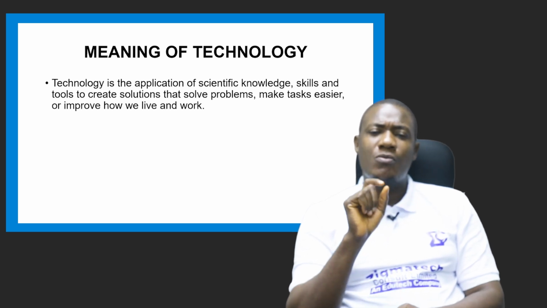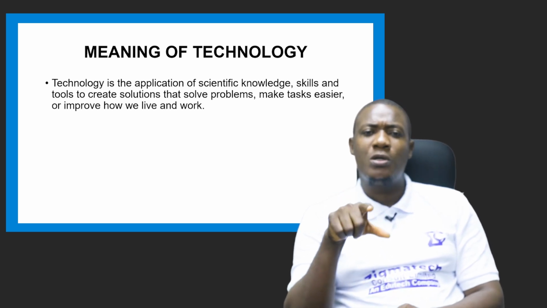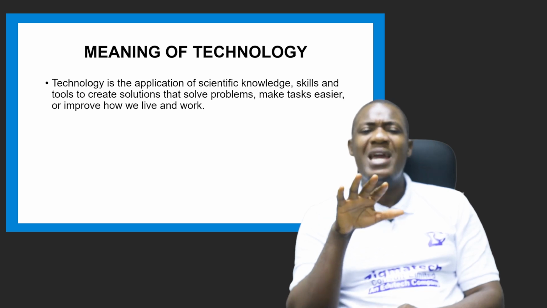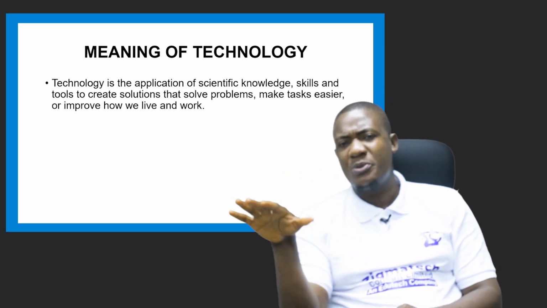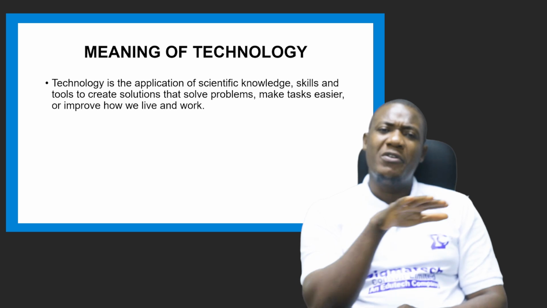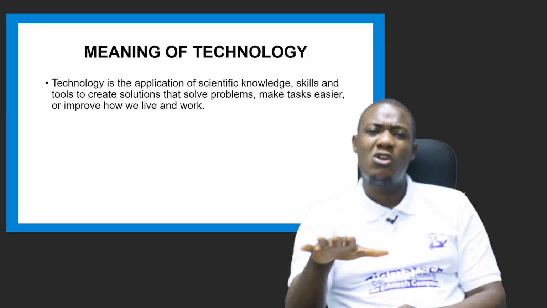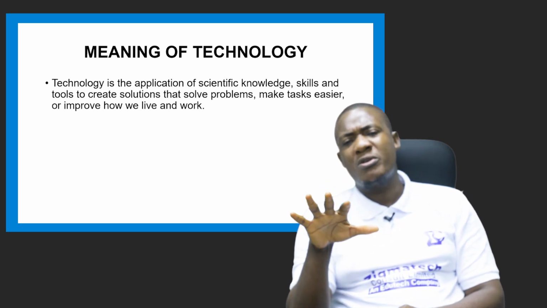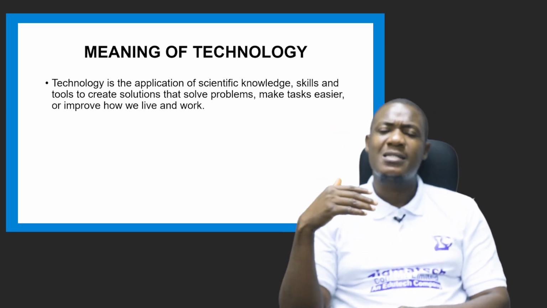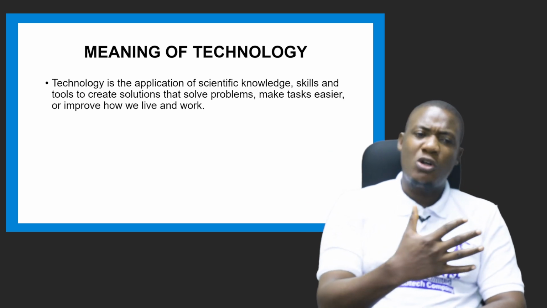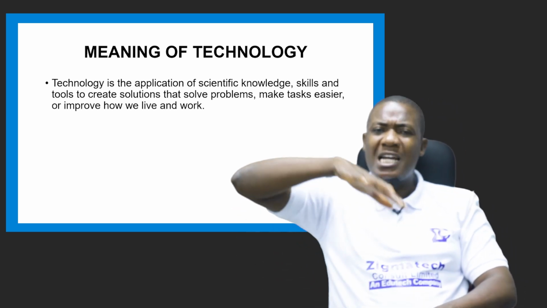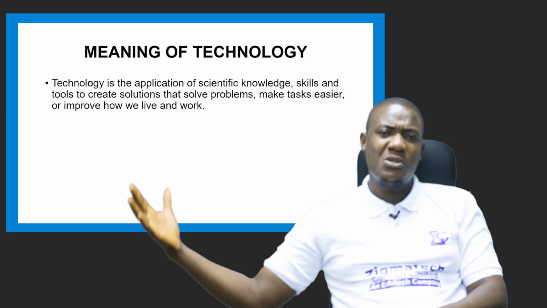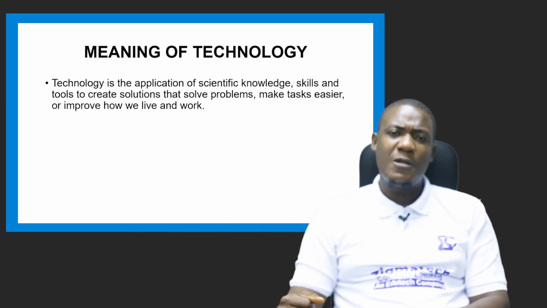Now, in this world that we are, we rate countries as developed and underdeveloped depending on the level of technology that they have. So, all countries of the world that are rated as developed countries, that means they are technologically developed, they are advanced in technology.